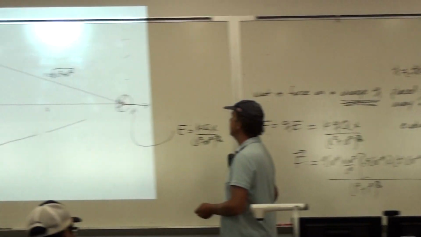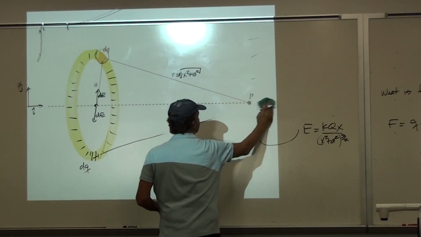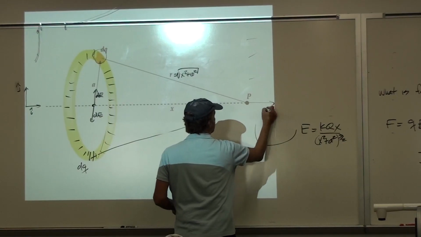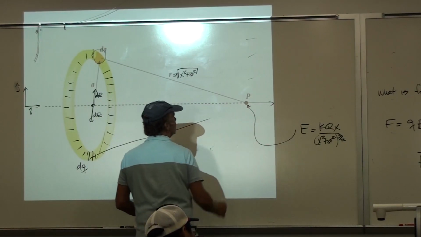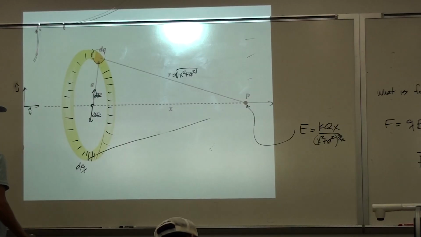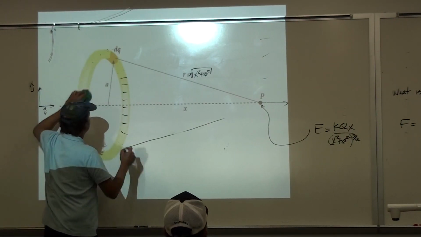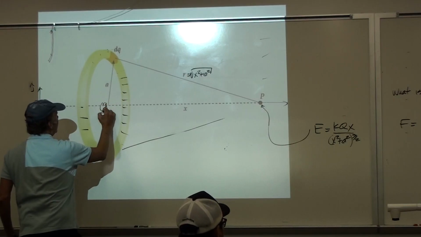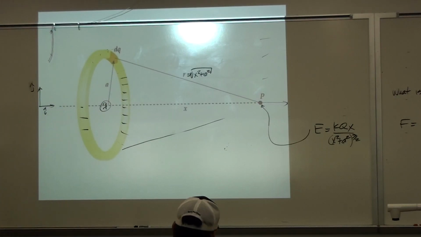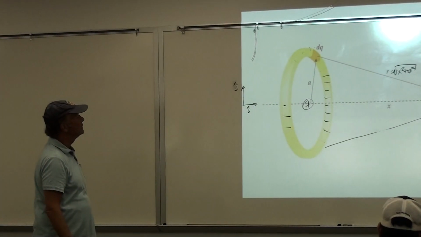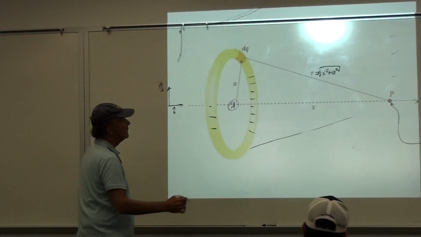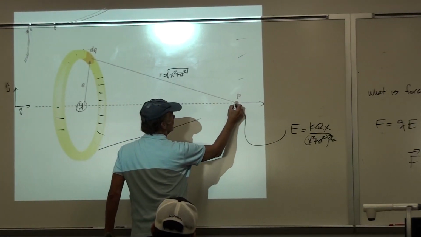So here's my E of x at some distance x away. No charge there. But now what I'm asking is, if I put some other charge, little q, at the center, what is the value of that charge, little q, so that the electric field at this point is 0?